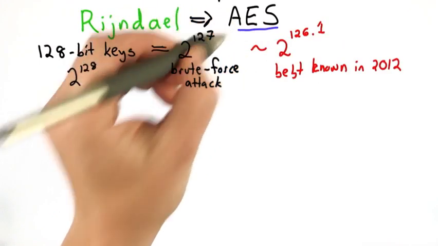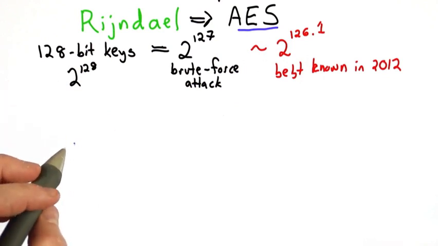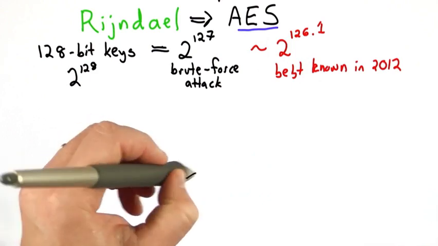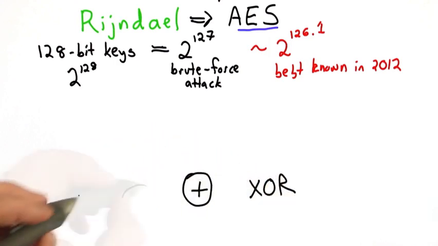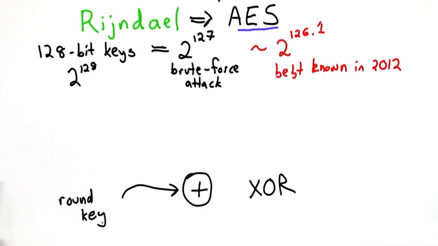So we're not going to get into the details of how AES works, but I want to talk a little bit about the main components of it. There are two main things that go into AES and almost all modern block ciphers. They all involve XORs, which we saw in the one-time pad, XORing some round key, which is generated by a key schedule, a process of generating new keys for each round.